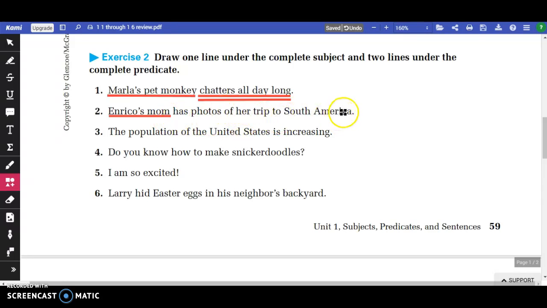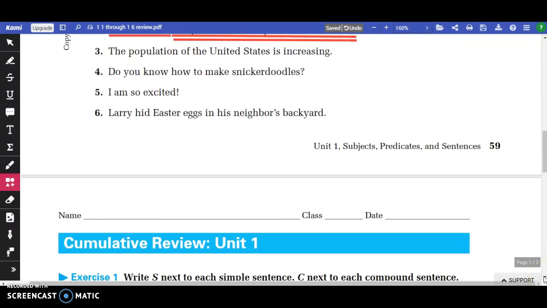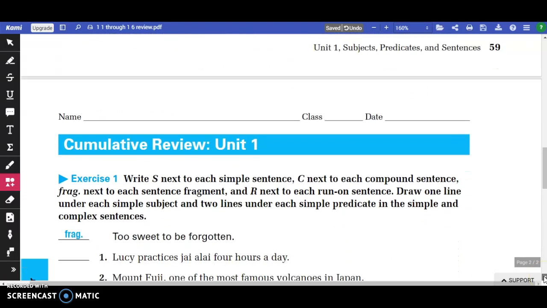Because of her trip to South America tells me more about the photos that she had, that is part of my complete predicate and needs to be underlined twice. So you are going to complete 3 through 6 on your own.